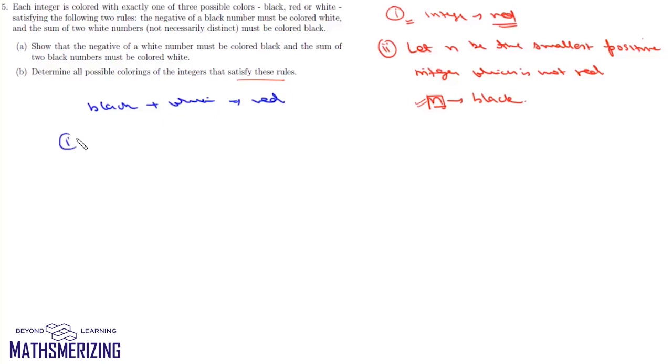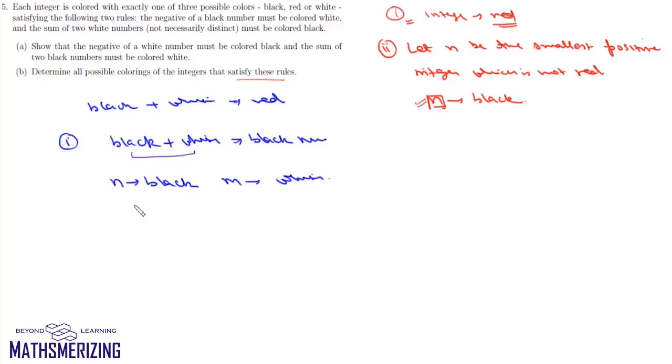So we'll consider this first case, that suppose the sum of a black number and a white number is a black number. So we'll say we have two numbers, say n is a black number, m is a white number. Now our assumption is black plus white is black. So if n is black and m is white, then n plus m must be a black number.